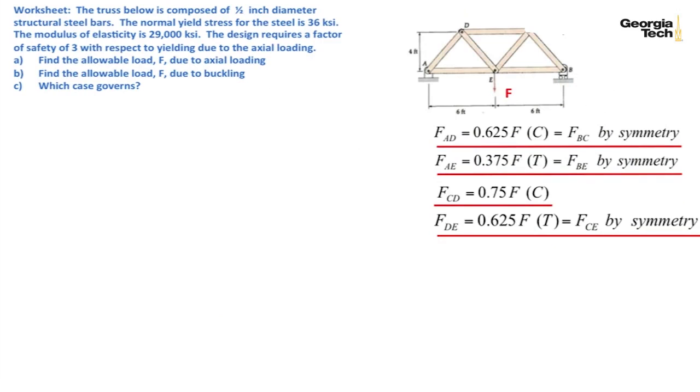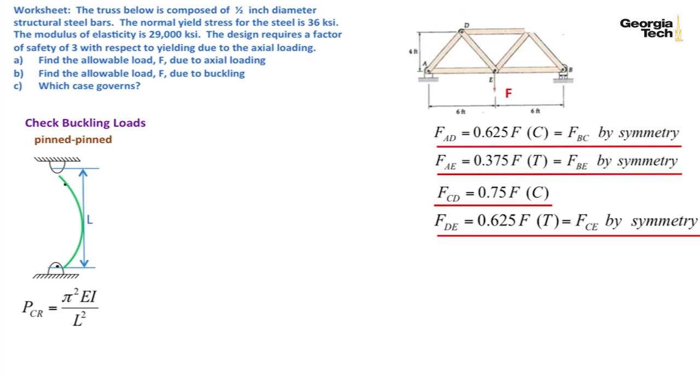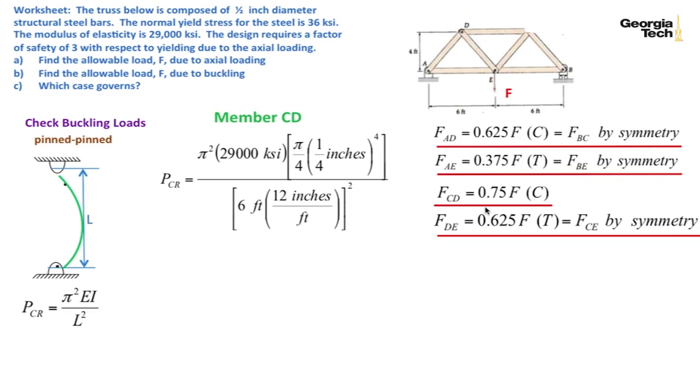Now let's go ahead and look at the allowable load due to buckling. And these are all pin-pin conditions. Again, the situation with the largest load will be in CD. Member CD will be in compression, so it can buckle.